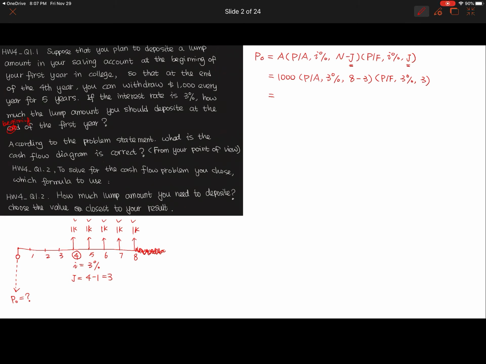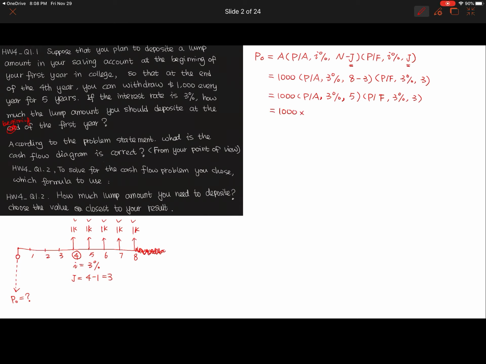So the next thing is to find the two factors in your interest table. For P/A, you want to find the table of 3%, find the header P/A and the row of n equals 5. That's your first factor. Then you find the other factor in the same table, under another column, P/F, and the row of n equals 3.